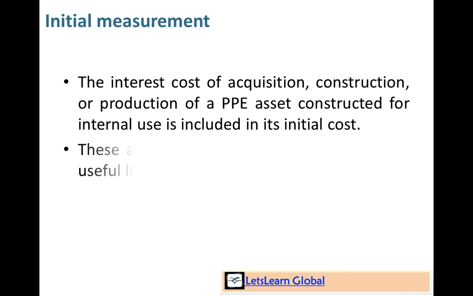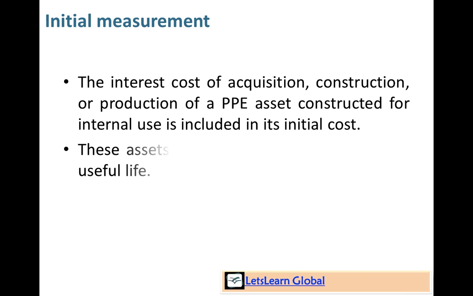Interest cost of acquisition. Say, for example, when you buy an asset, there would be huge interest when you borrow it or mortgage it. There will be huge interest you'll have to pay for construction of a building or production of a property or production of an internally generated plant, etc. That should be included in the initial cost.